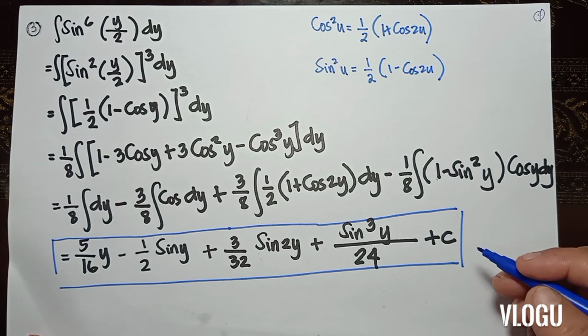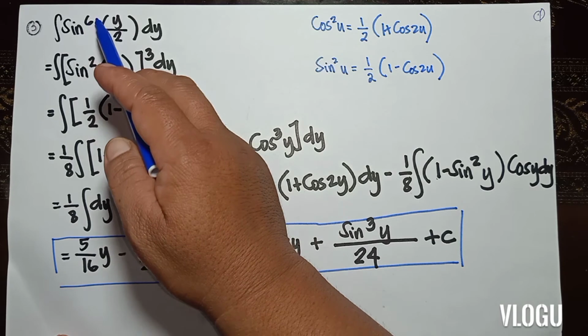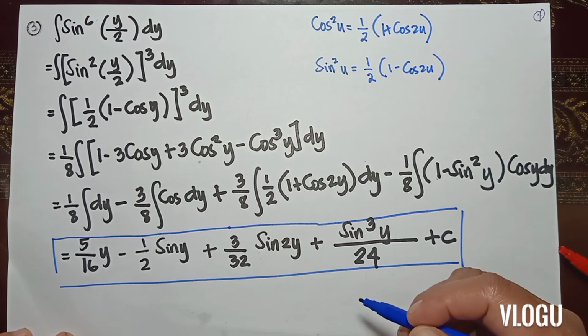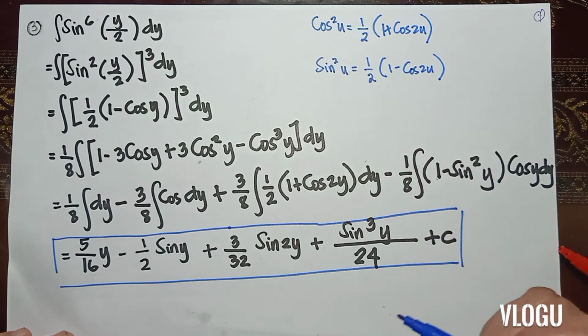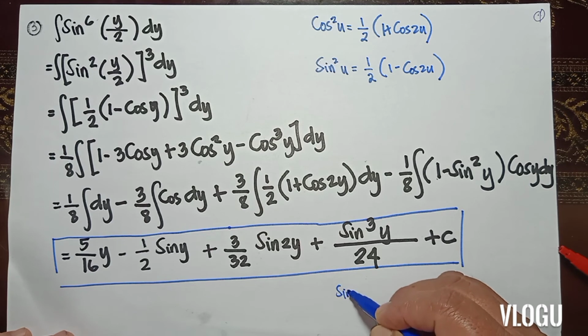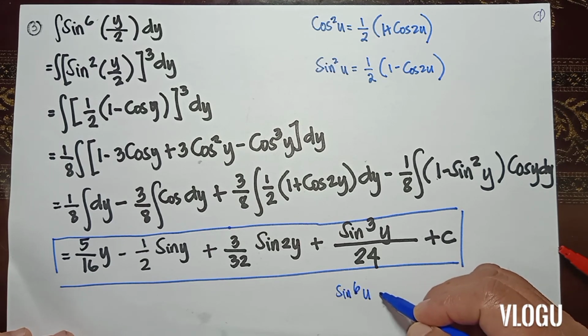So in our given here, this is to the 6th. If that is to the 6th, what will happen? That is an even exponent, so you use this one, squared, so that you can use it: you will have sine to the 6th u.